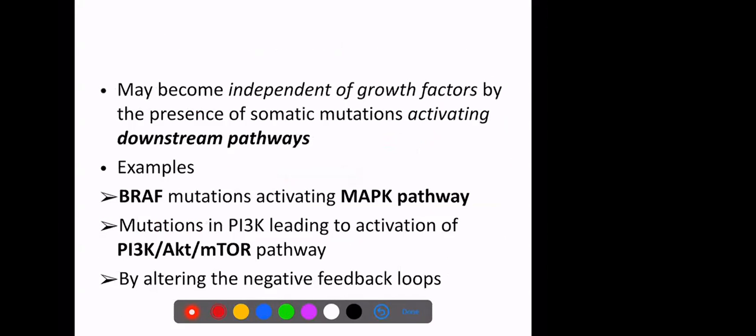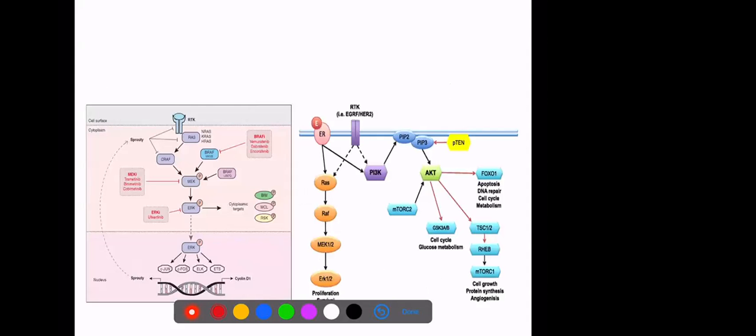Now, they may become independent of the growth factors. They need not require a growth factor at all because of somatic mutations activating the downstream pathways. I will show you the pathway and make you understand how it works. Okay, so this is the slide. For any growth to occur, any proliferation of cells to occur, there requires something called the growth factor.